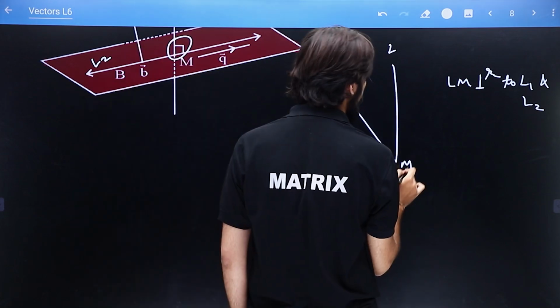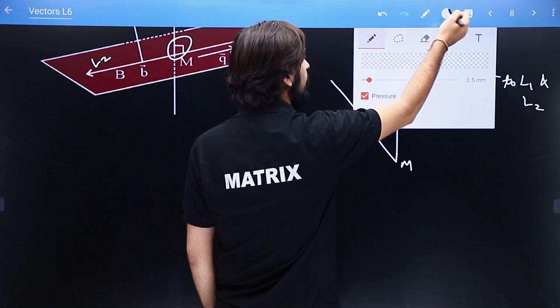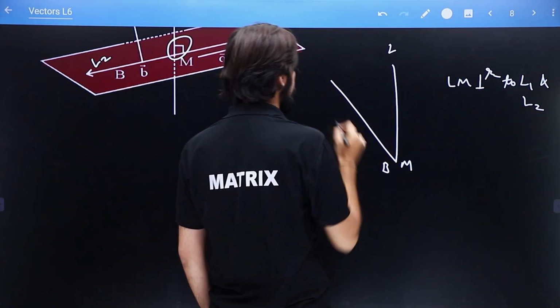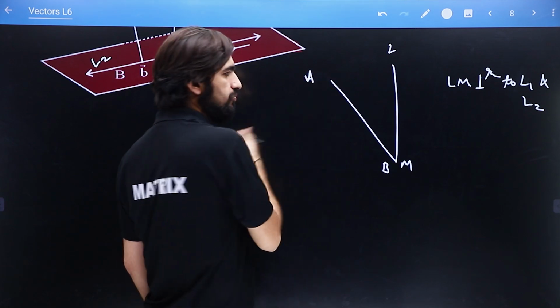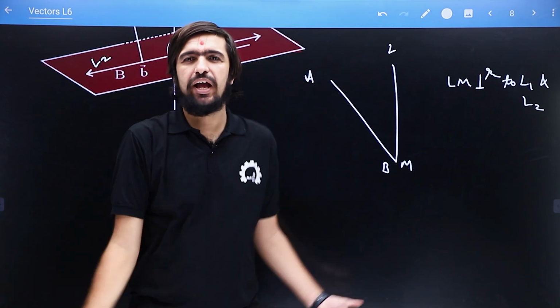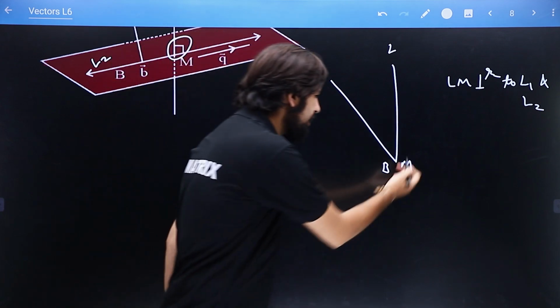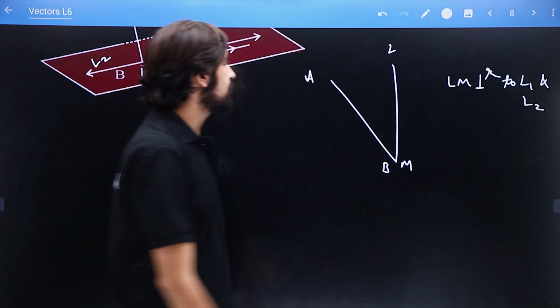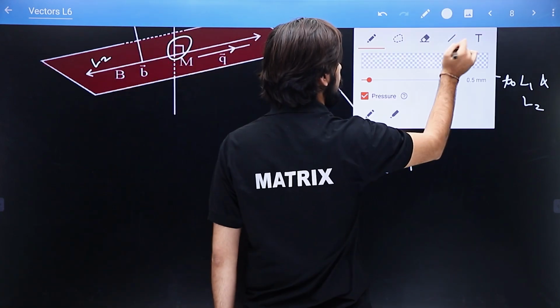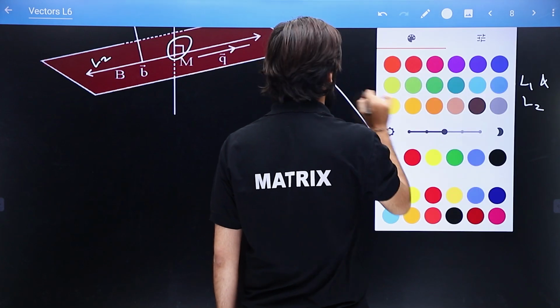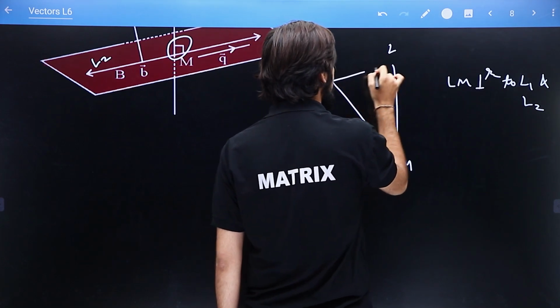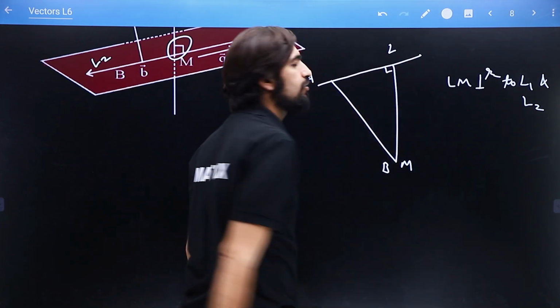Now the point B and point M are the same, even though they are different points in the plane or line. But as a vector, what we did was join M and B. So see, this was your line and this was your perpendicular on this.